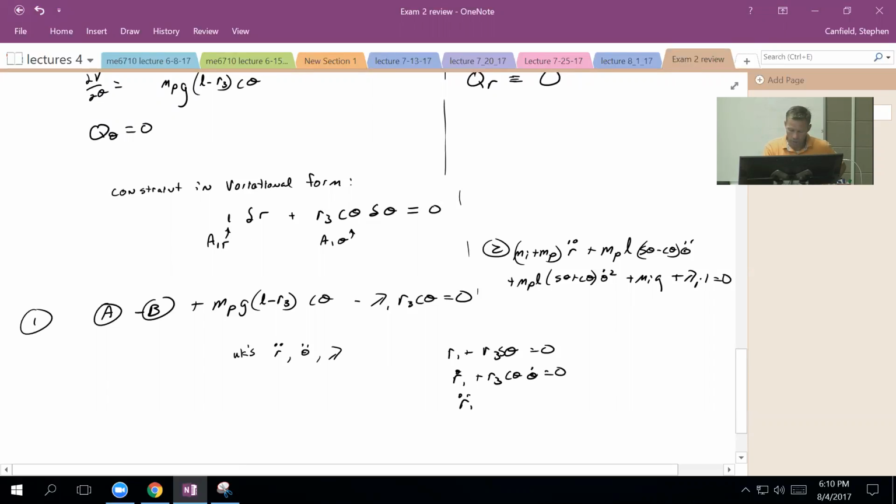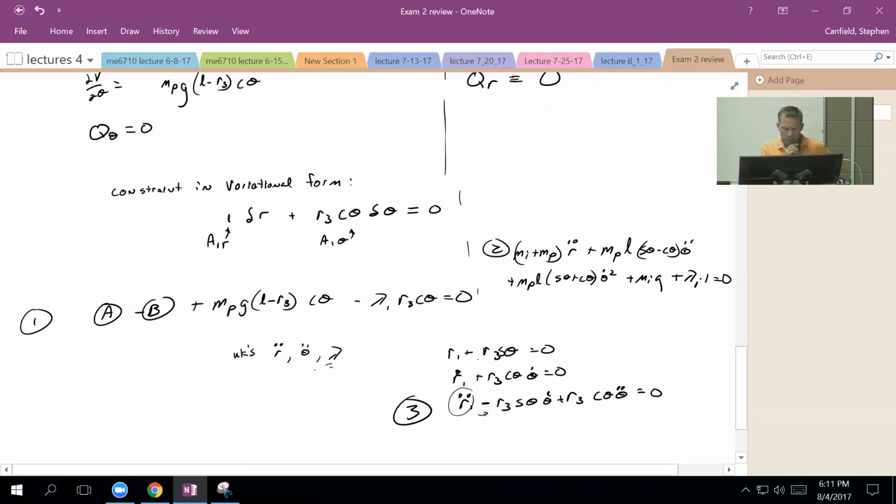And finally, R1 double dot plus R3, I guess it's a minus, sine theta theta double dot, sine theta theta dot squared plus R3 cosine theta theta double dot equals 0. Wherever I have an R double dot, I replace it with this thing, and wherever I have an R1, I replace it with this. So that would be my third equation right here.